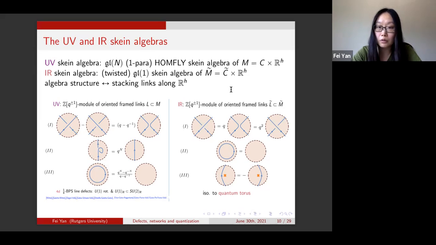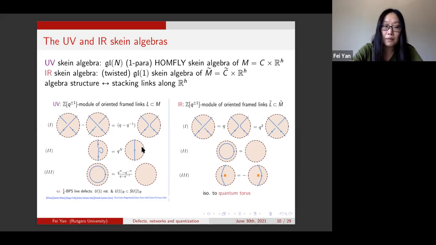Uplifting to 3D, you will get a one-dimensional branching locus of this M tilde over M. And I show this projection of the one-dimensional branching locus to the computer screen represented by this orange point here. And the third skein relation, which accounts for the twist, says that if I pull a link strand across this branch locus, I will get a minus sign.